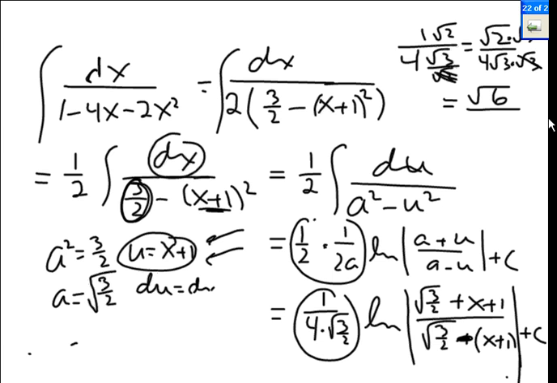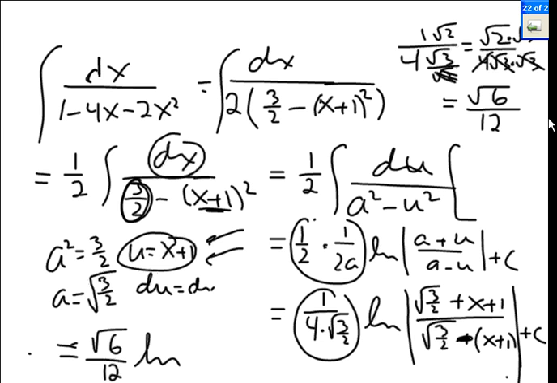And square root of 3 times square root of 3 is 3, times 4 is 12. So equals the square root of 6 over 12 times ln. You know what, I'm just going to leave the rest the same.